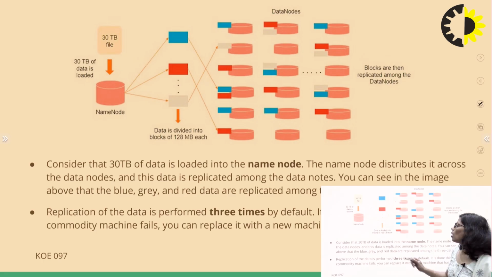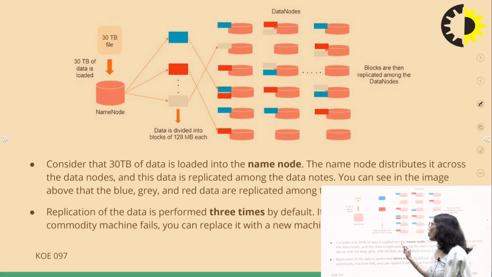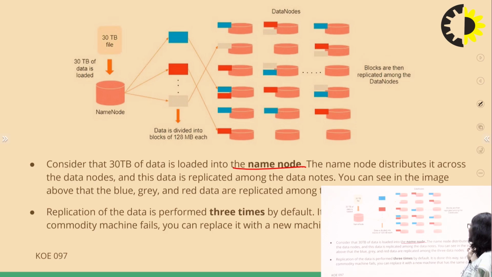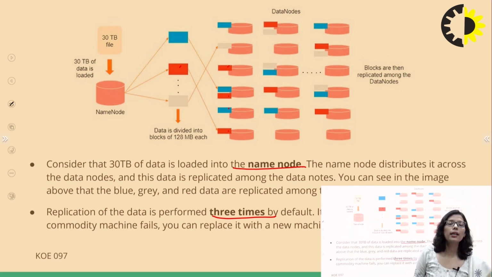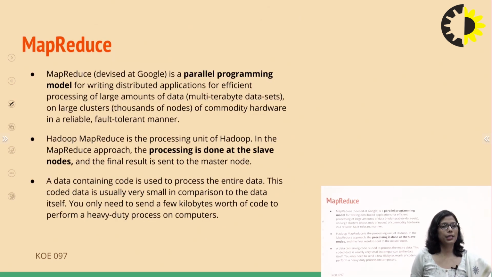The 30 TB of data is loaded into the name node, the name node distributes it across the data nodes, and this data is replicated among the data nodes. You can see the replication is performed 3 times. Suppose we have this data and we have replicated it across these 3 data nodes. So that was your HDFS.